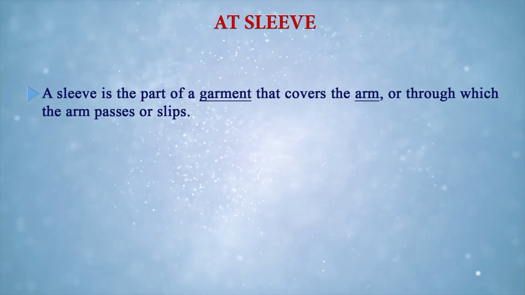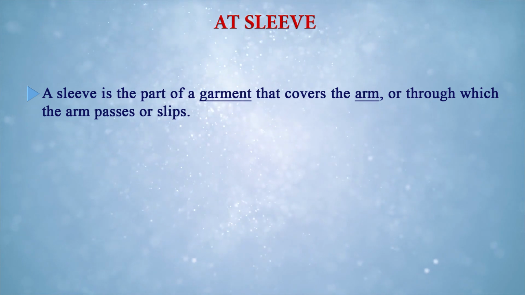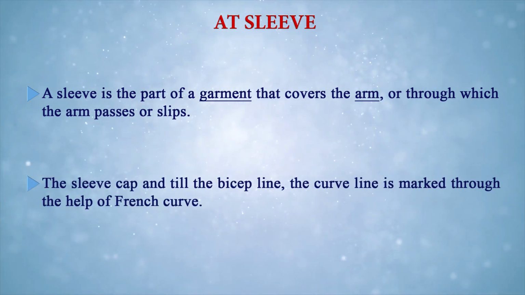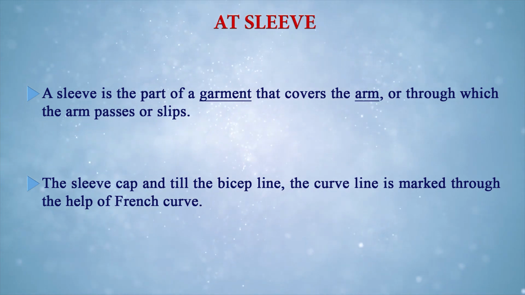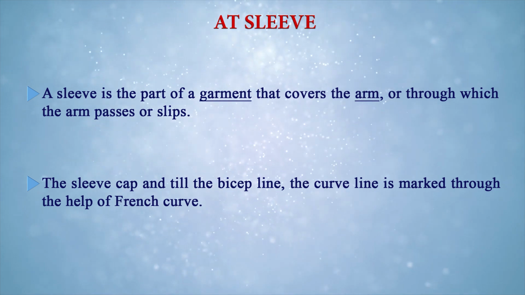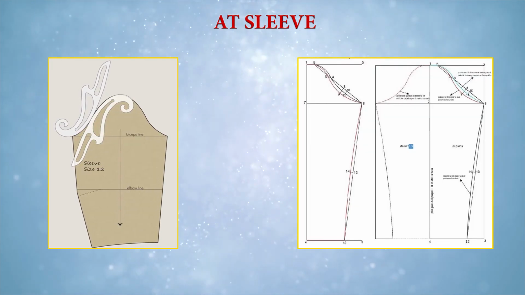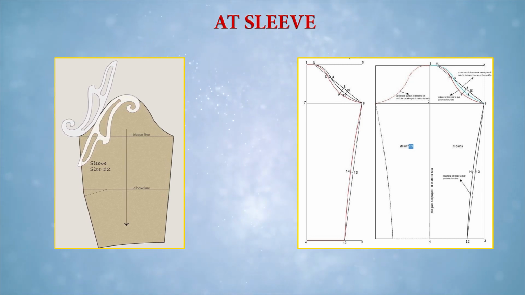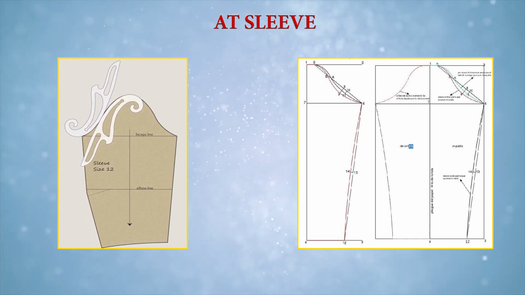Then at the sleeve, how we use the French curve at the sleeve and why it is important. A sleeve is the part of a garment that covers the arm or through which the arm passes or slips. So the sleeve cap and the curve line till the bicep line are marked with the help of the French curve. As you can see in the picture, when we make a sleeve block, we will discuss in the next session how we develop a sleeve block.